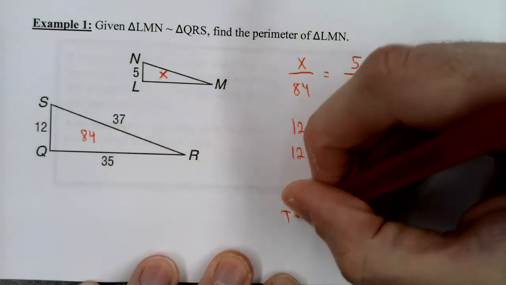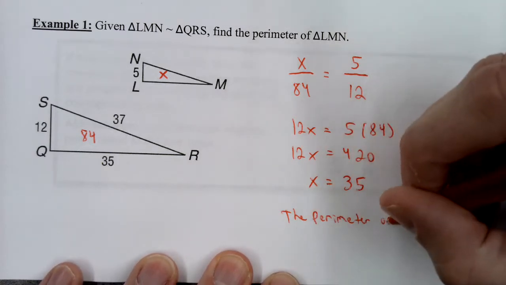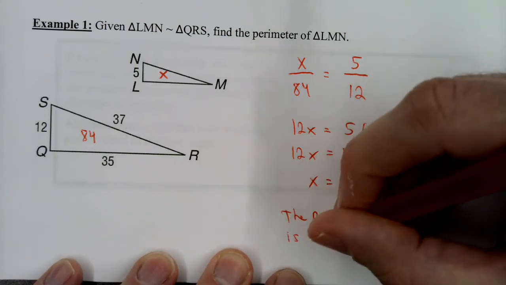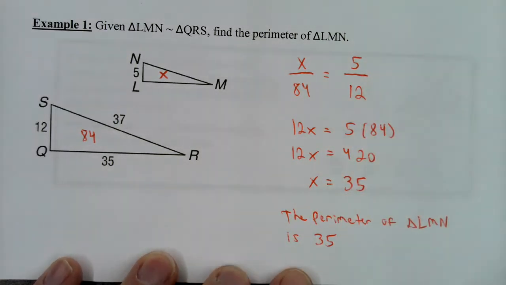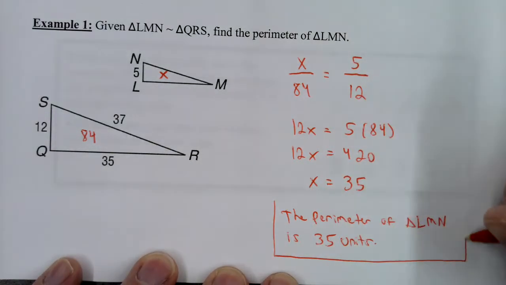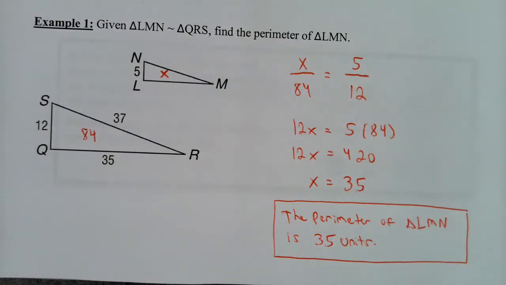So I'll say the perimeter of triangle LMN is 35, and since there's no units, I'll just write the word units. 35 units.